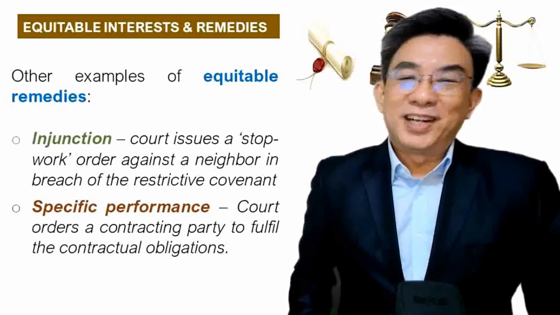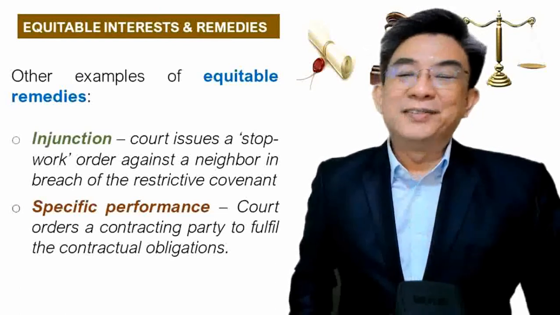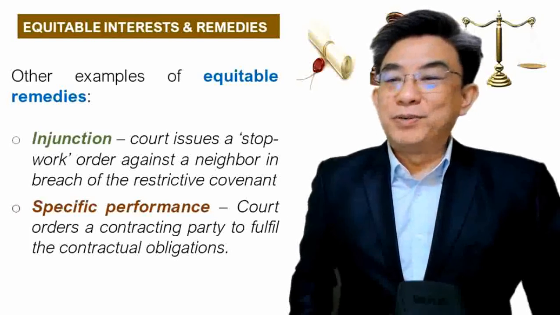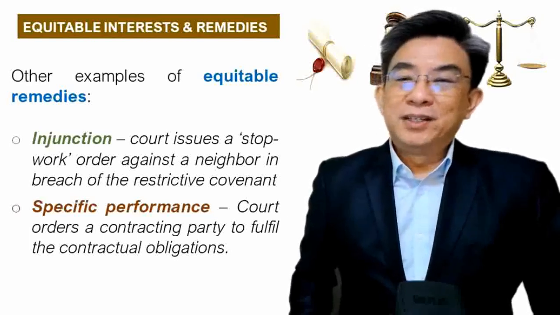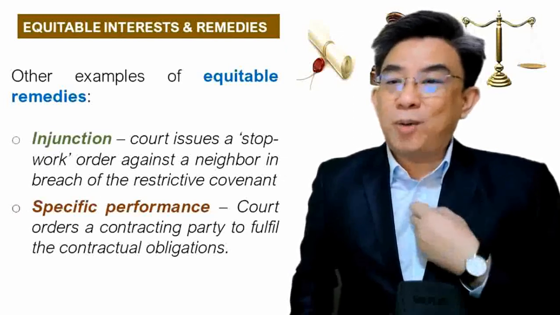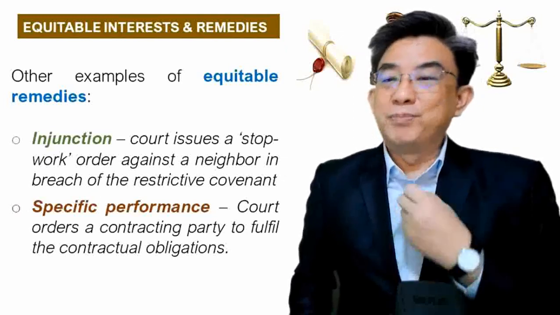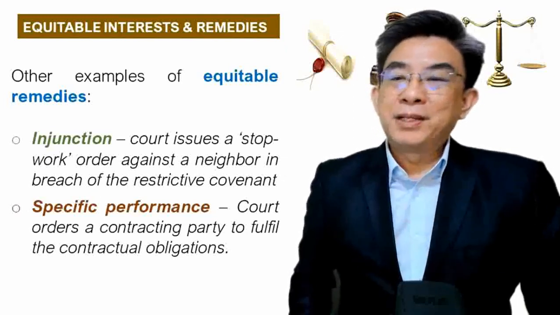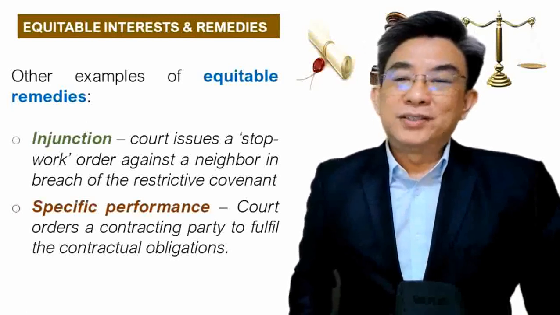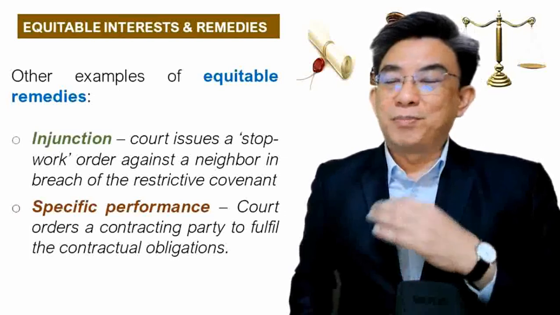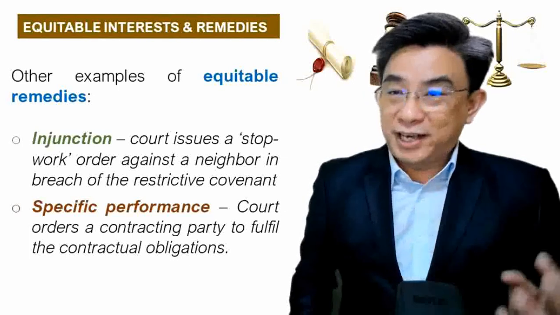Now my neighbor will quickly go to court, the High Court for that matter, to get an injunction to stop me from breaching my restrictive covenant. Basically, an injunction is a stop order. It stops me from building while the court investigates.